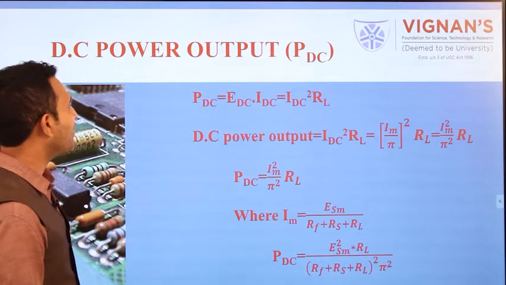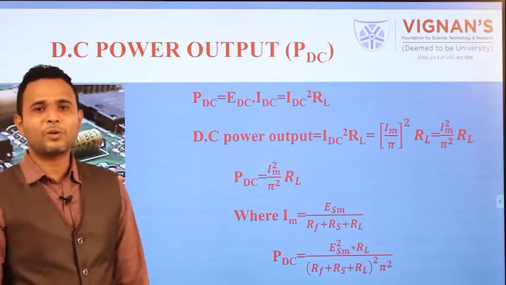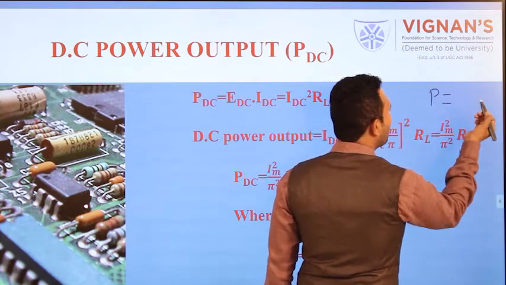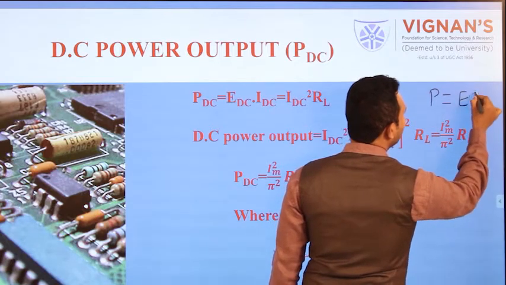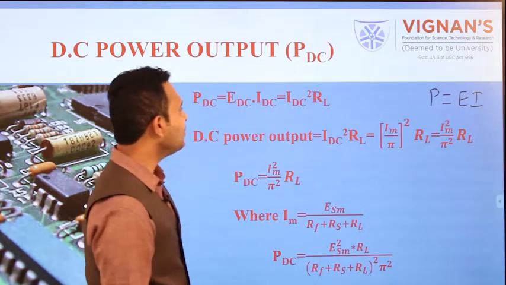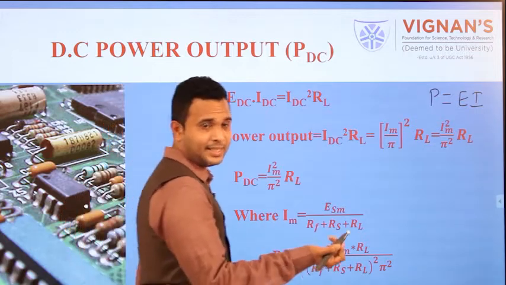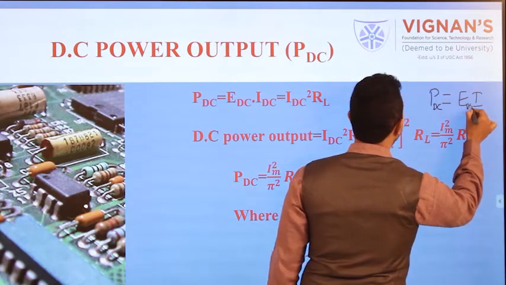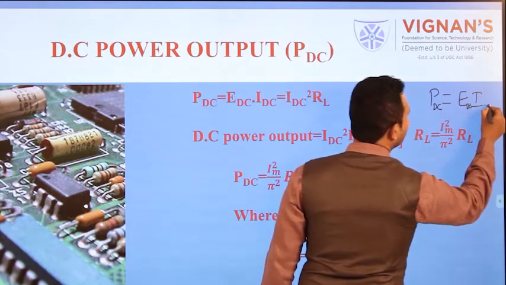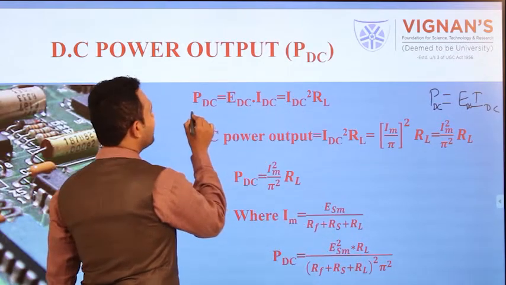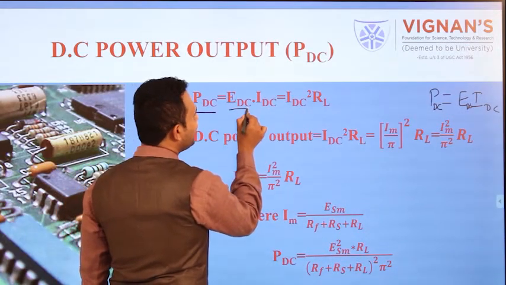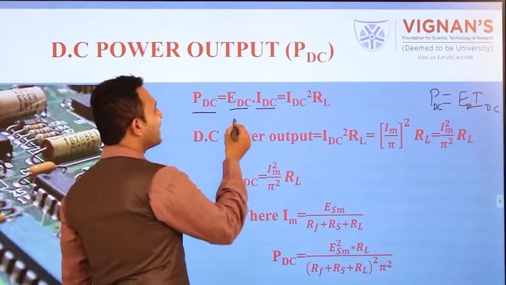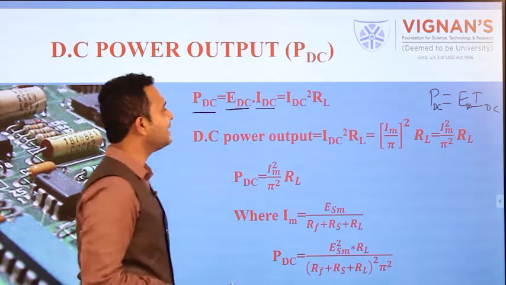Next one, DC power output. How can we represent power? Power equal to voltage into current. Here we are taking the DC power, so PDC is equal to EDC into IDC. How can we write the voltage EDC?